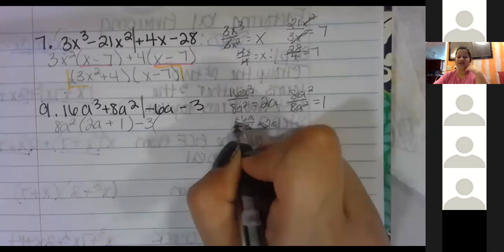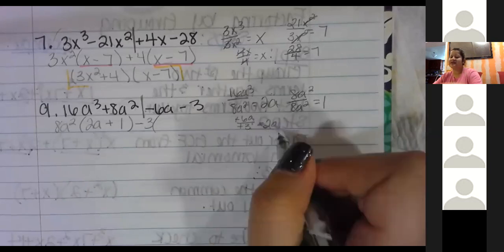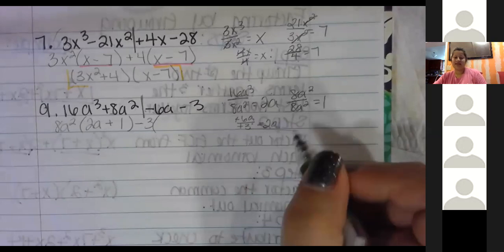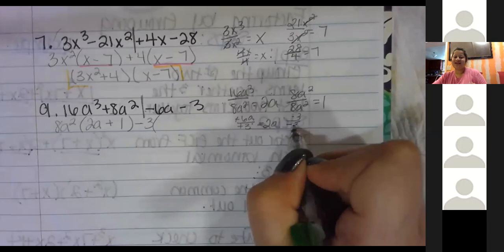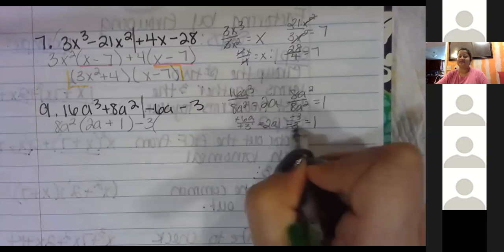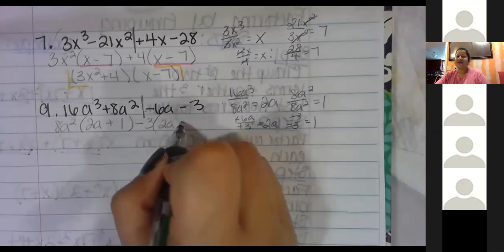The negatives cancel each other out. Remember, guys, if you have a negative divided by a negative, that's a positive, not another negative. And then negative 3 divided by negative 3, again, that's the same thing. Anything divided by itself is 1. So that left you with 2a plus 1.